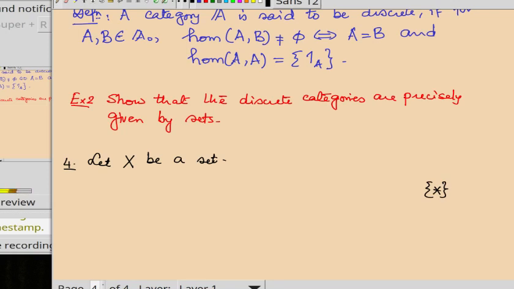And I take my set of morphisms to be that set X. Now from any set X to the singleton, there obviously exists one and only one map. So the map partial 0, the domain, and the codomain are exactly the same.